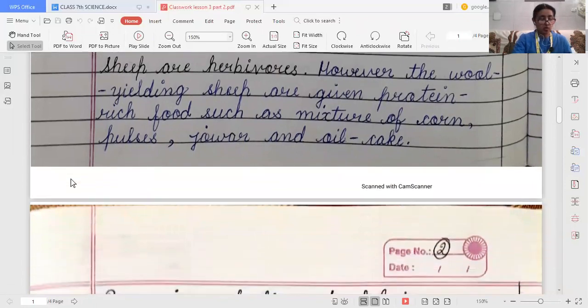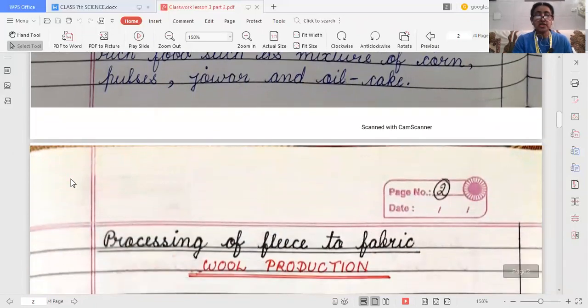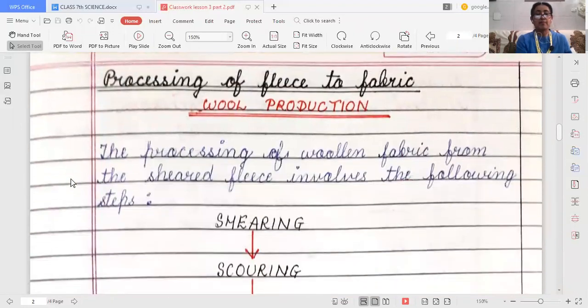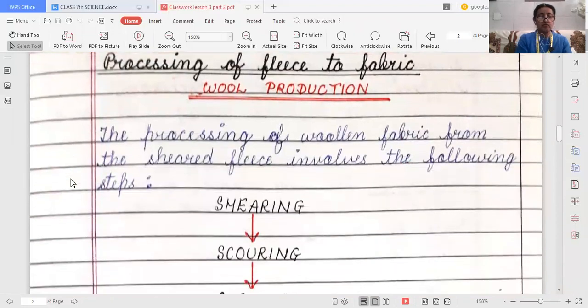Now we will go through the processing of fleece to fabric. Earlier also I told you what is fleece. Fleece is the coat of soft fine hair that covers the body of a sheep or similar animal. So how does the processing of fleece take place?